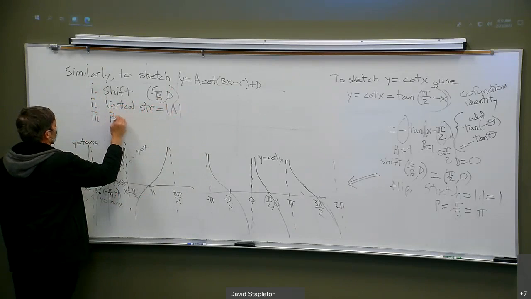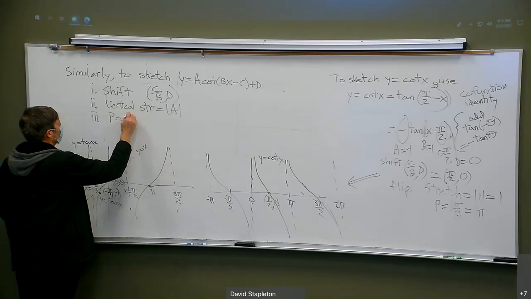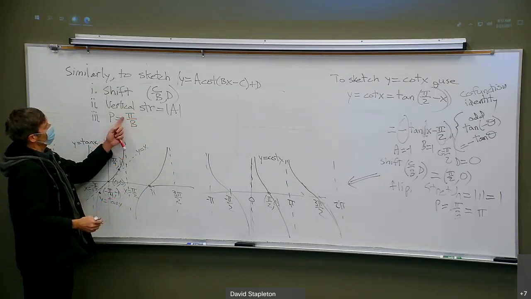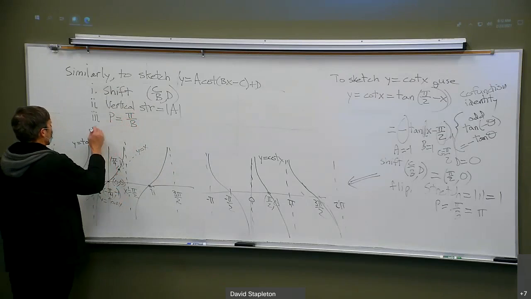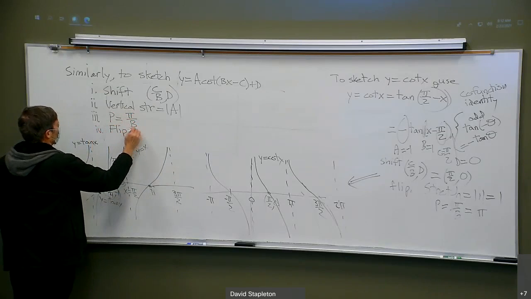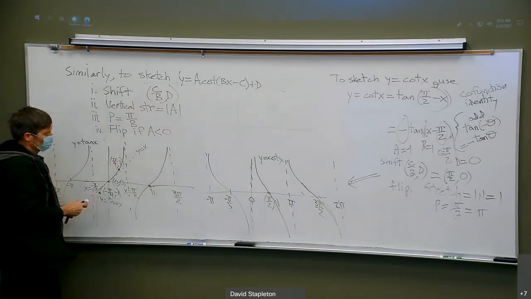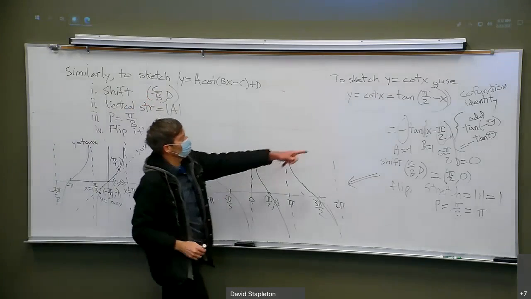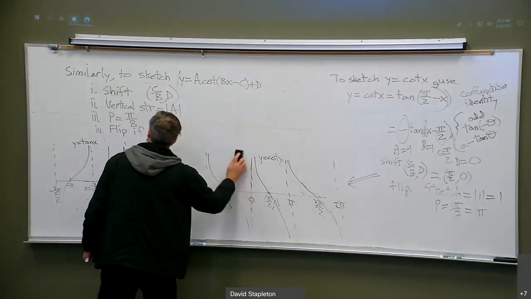Since cotangent has period pi, its stretched period is pi over b. So this is different than sine and cosine. They have period 2 pi over b, but tangent and cotangent have period pi over b. That's the one big difference. And then finally, you flip if a is less than 0, just like all the other graphs. So now we can graph any cotangent function in this form. In fact, we just did one here with tangent that's completely analogous, but let's do one with cotangent.